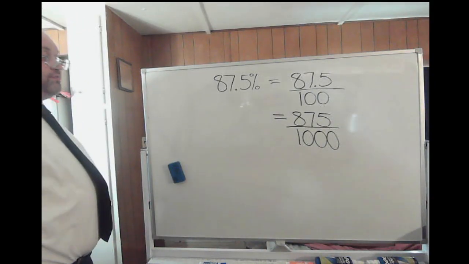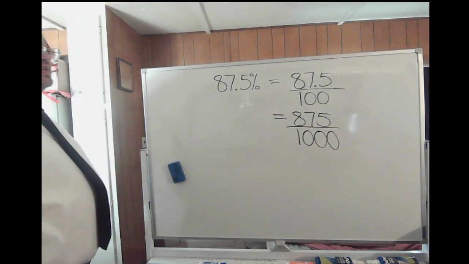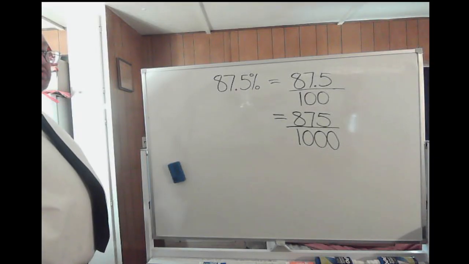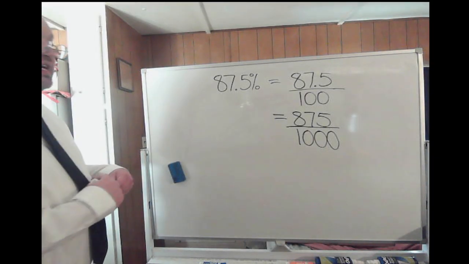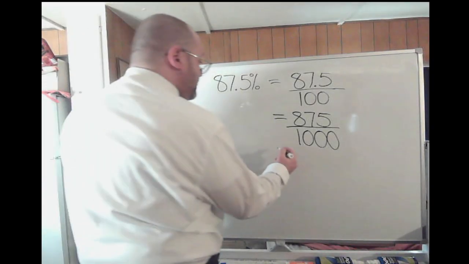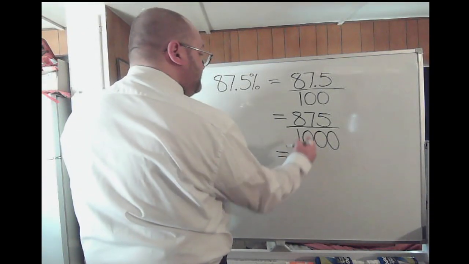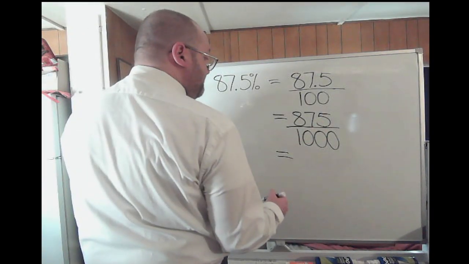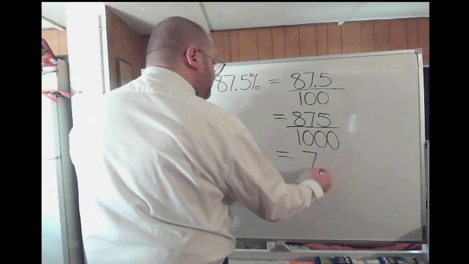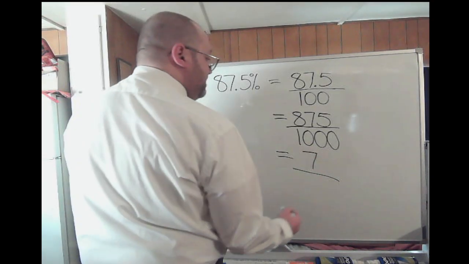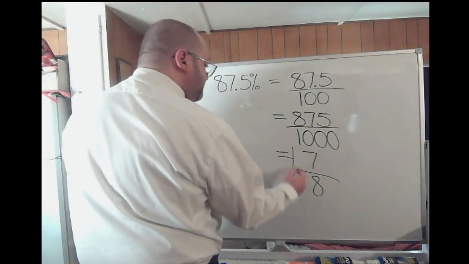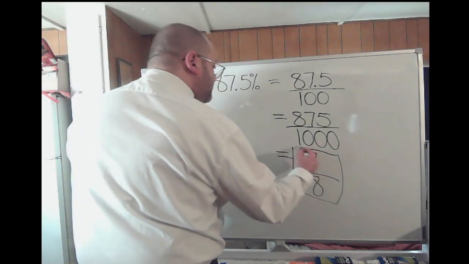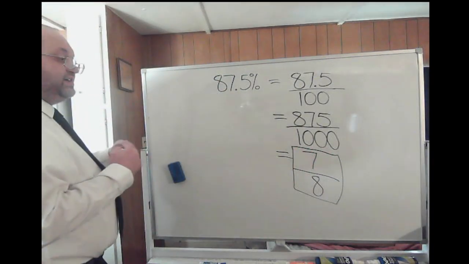Now we can clearly factor the 875 and 1,000 from each other. They have a common factor of 125 between them. 875 divided by 125 is 7. 1,000 divided by 125 is 8. And well, 7 and 8 factor no further, so the fraction you would get is 7/8.